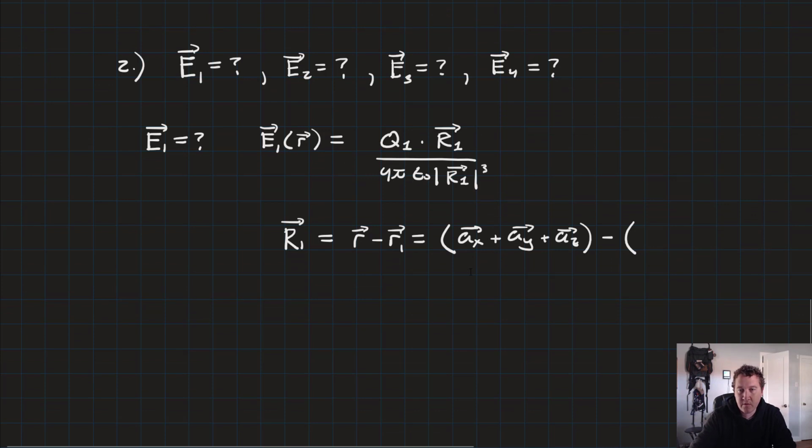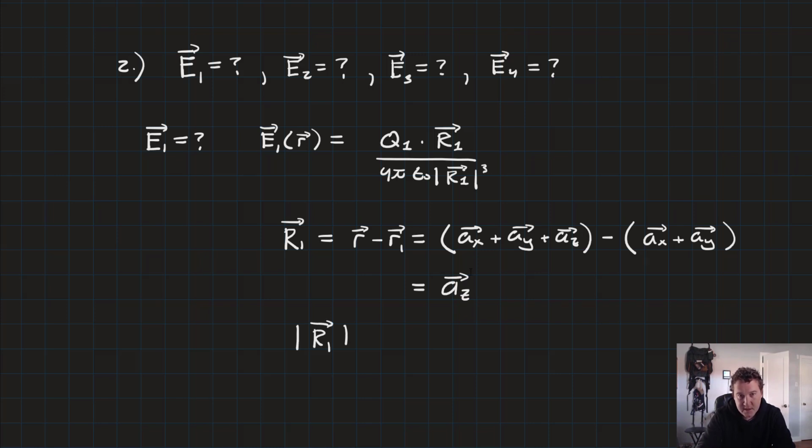So 1, 1, 0 is going to be the unit vector a sub x plus the unit vector a sub y, but no unit vector a sub z. This means it's just going to be equal to a sub x minus a sub x plus a sub y minus a sub y, which means the only thing left will be the unit vector a sub z. And it's easy to find the magnitude. Since it's just the unit vector, all unit vectors have a magnitude equal to 1.